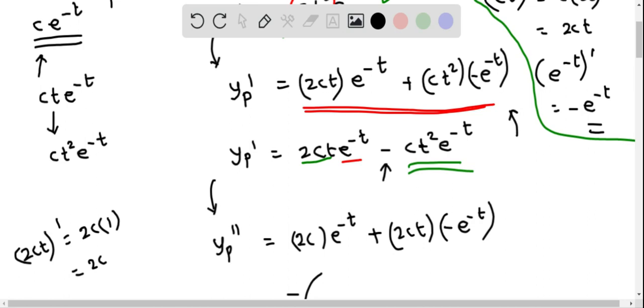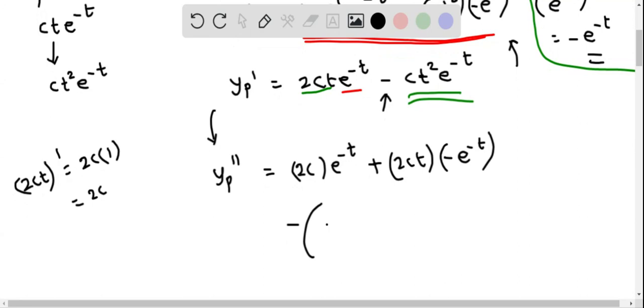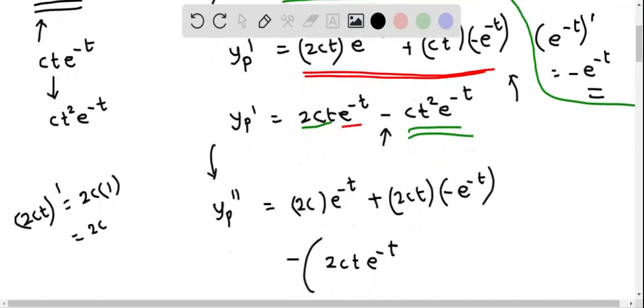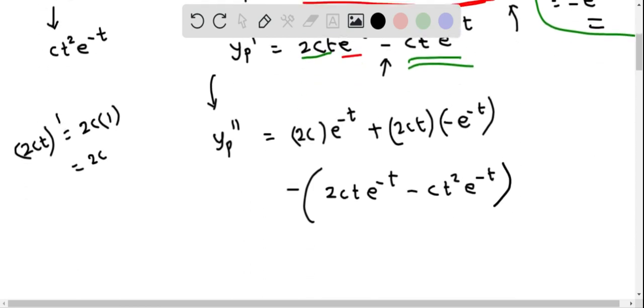The first term is 2ct e power negative t. So I write down 2ct e power negative t. And then the second term is negative ct square e power negative t. So this is negative ct square e power negative t. Now let's simplify this. So we have yp double prime. This equals 2c e power negative t, and this is 2ct.